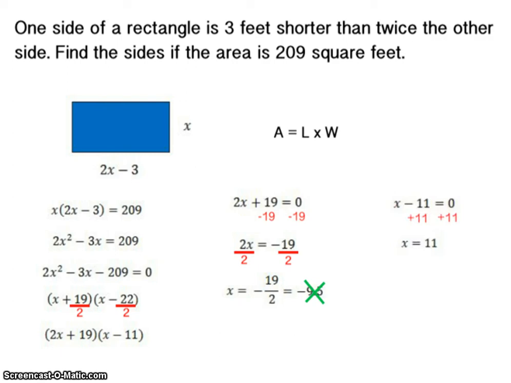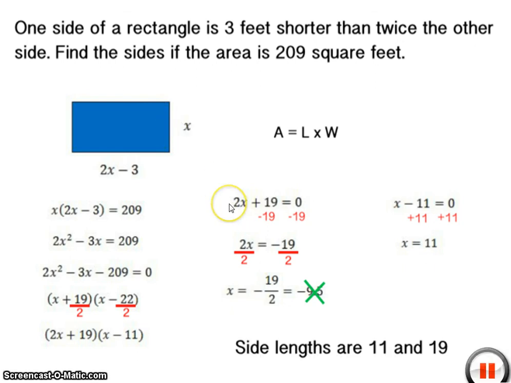However, when I set x minus 11 equal to 0 and add 11 to both sides, I see that x is equal to 11. That means that this side is 11, and this side is 2 times 11 minus 3, or 19. Again, it's a good idea to write out your answer. Pause now and copy this example.